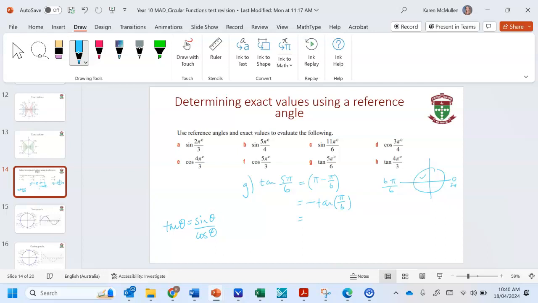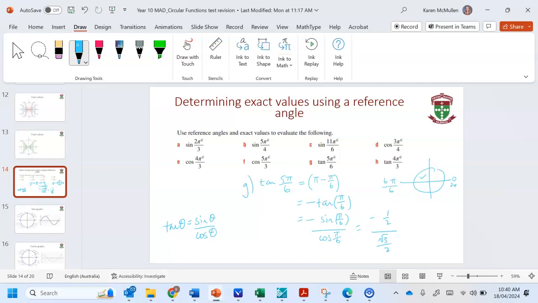So when we're working out this value, we can change that tan to be sine pi on 6 over cos pi on 6. Sine pi on 6 is a half, and cos pi on 6 is root 3 on 2. I got that around the wrong way before, sorry.